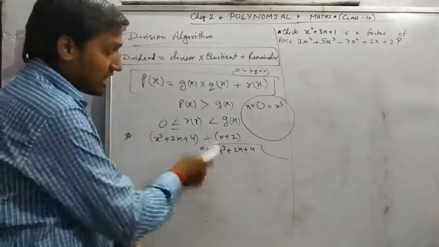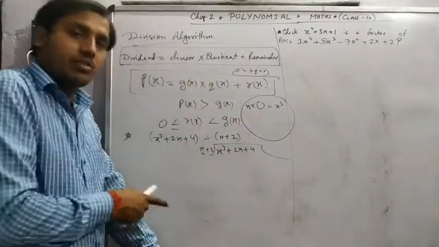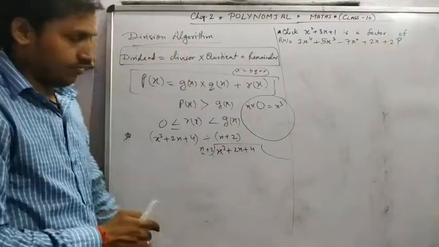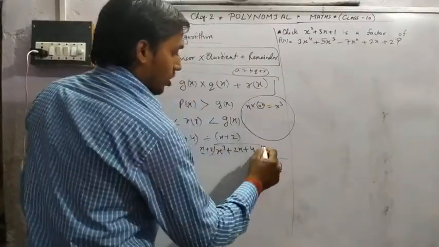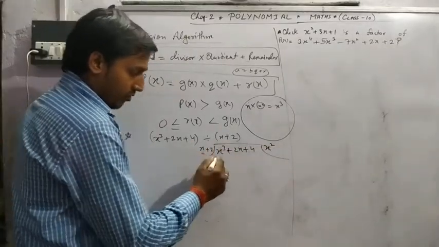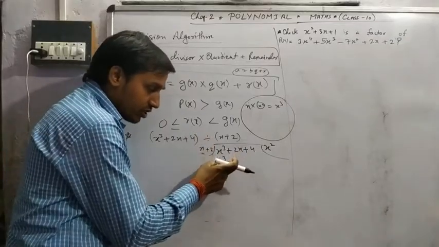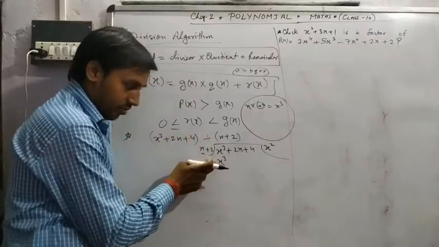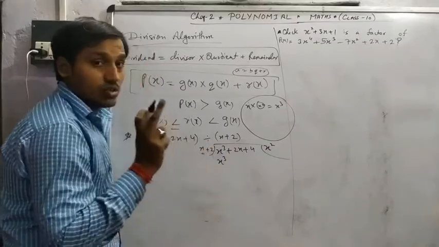Always we want the same power, same sign with same coefficient. Here the coefficient is 1, so it doesn't matter. We take x square: x square into x, we get x cube. My first term is complete. The first term is the same with plus sign. x square multiplied by 2 is 2x square.